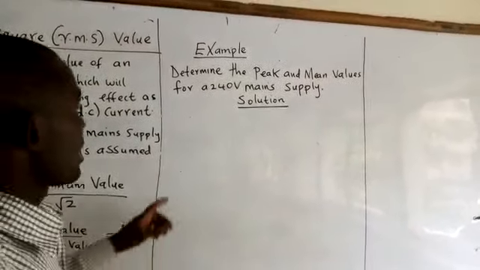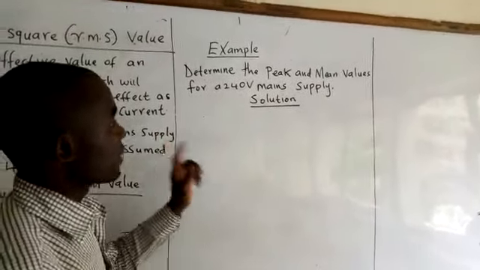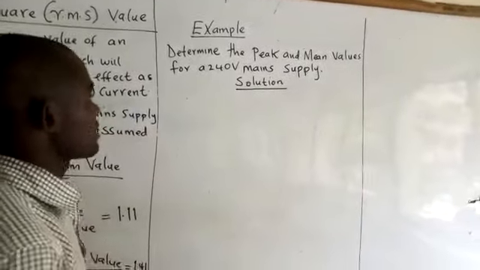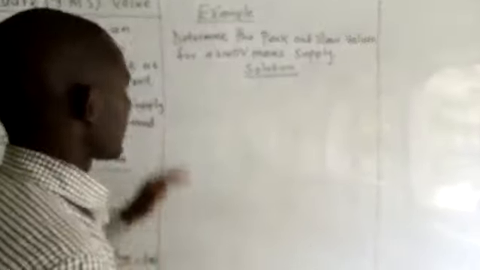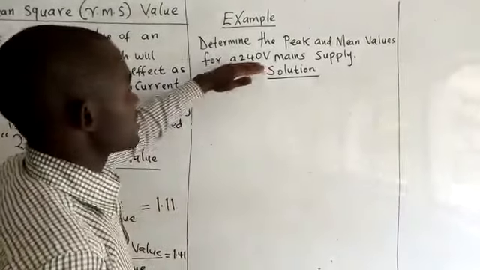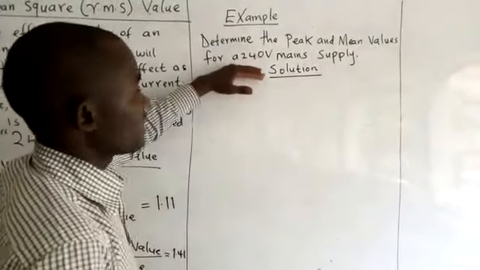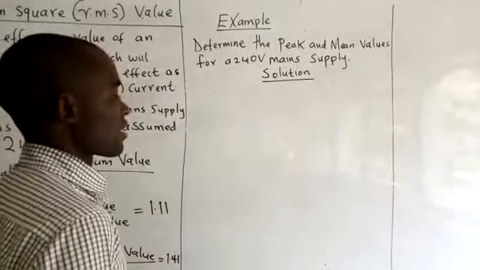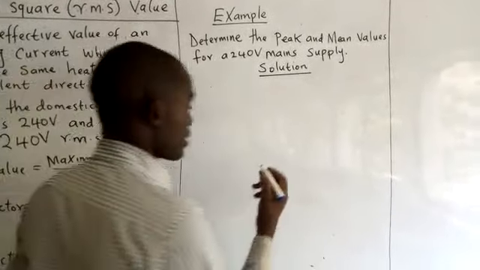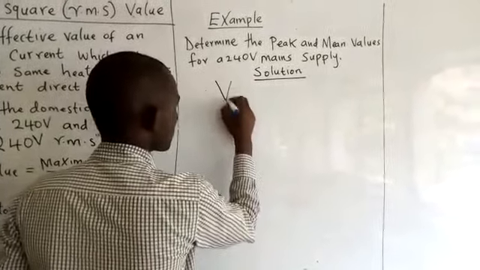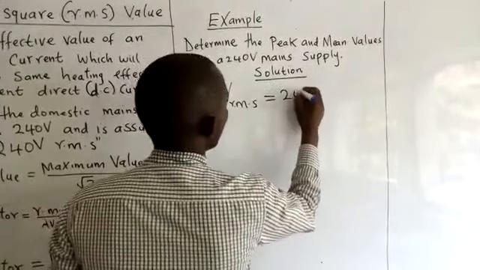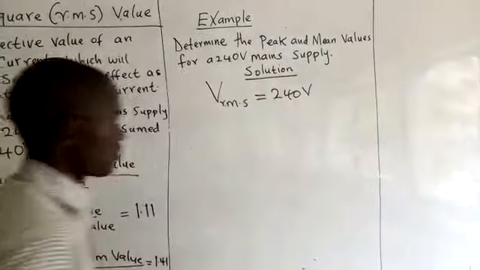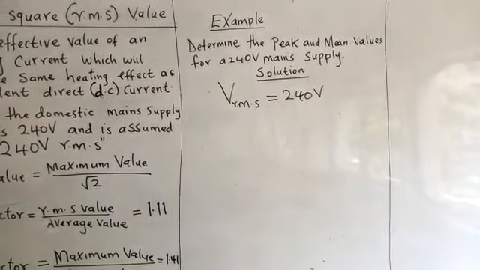The example reads, determine the peak and mean values for a 240 volt main supply. Like I told you earlier, this main supply in Kenya is given in terms of the root mean square value. So meaning the voltage in root mean square value is equal to 240 volts. That is what we have. They are asking us to get the peak value.